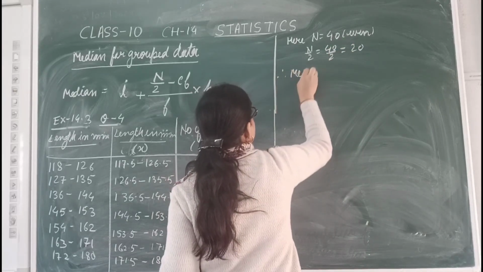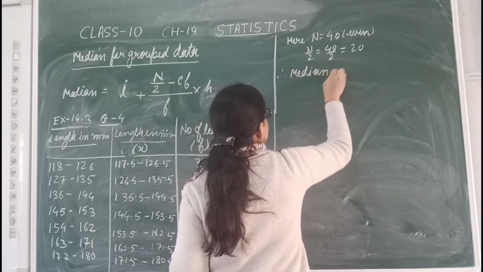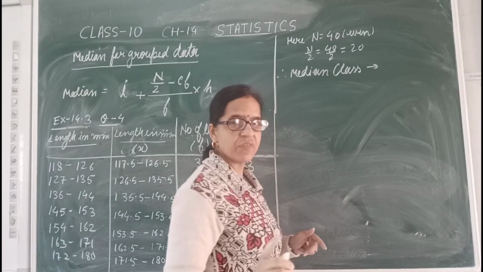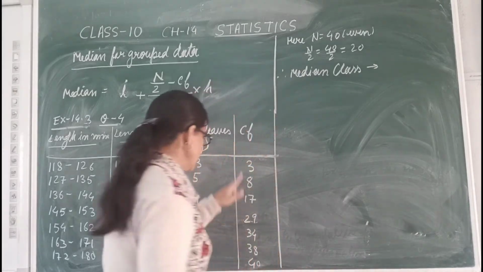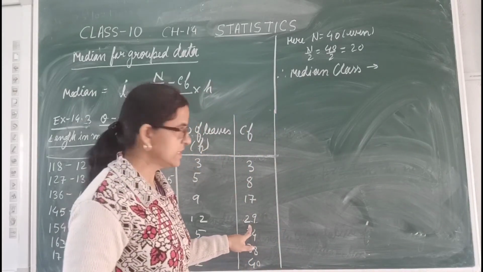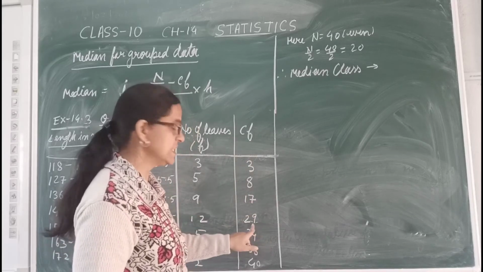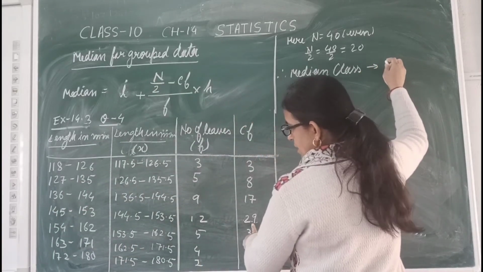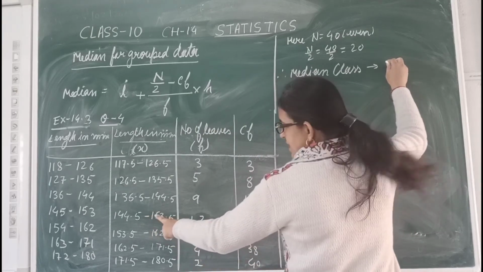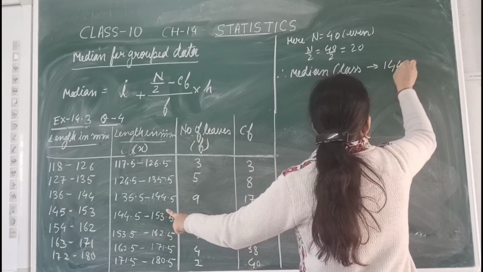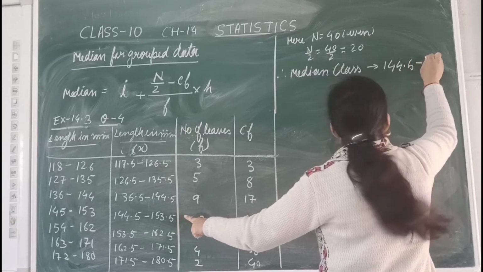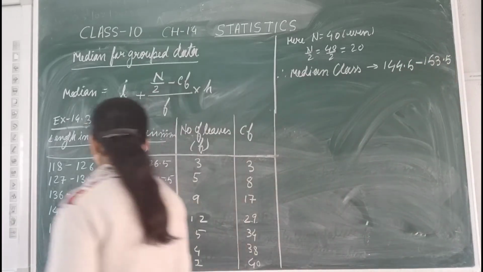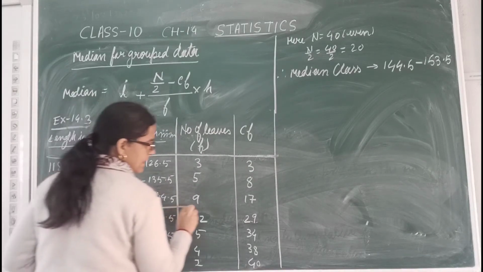Therefore, median class, as I said, is the class corresponding to the cumulative frequency just greater than n by 2. Just greater than 20 is 29. So the median class is 144.5 to 153.5. We can mark it over here.